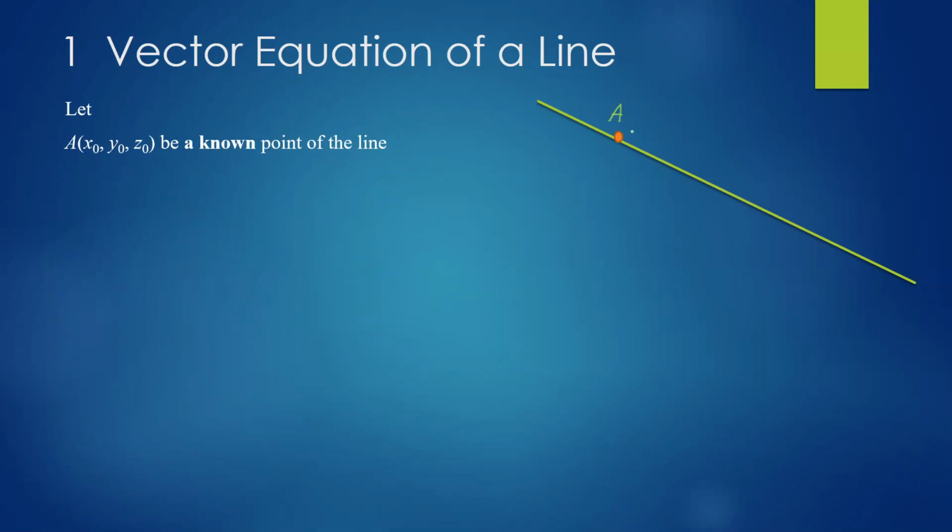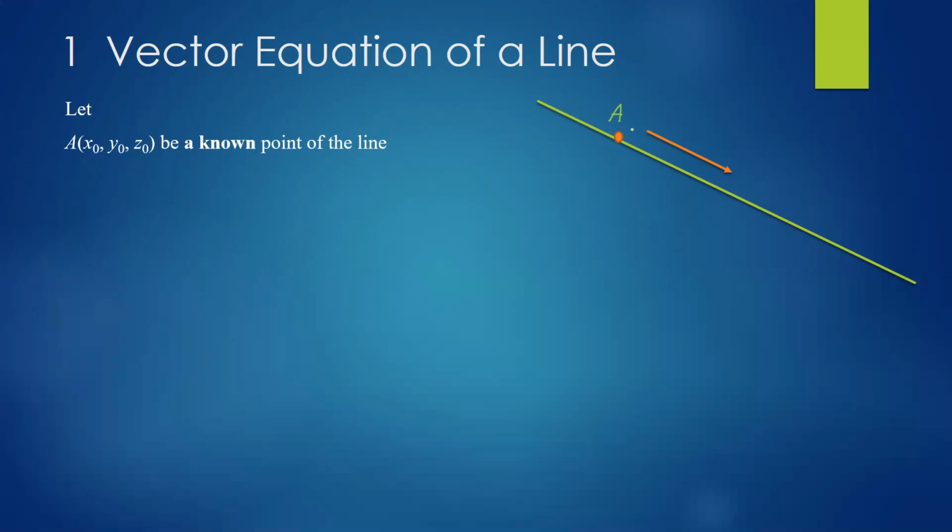Then we need to know something else. One point is not enough. We need to know either another point on this line or the direction. And in fact, just like in 2 dimensions, we were thinking about the direction of the line, so we will do exactly the same in 3 dimensions.